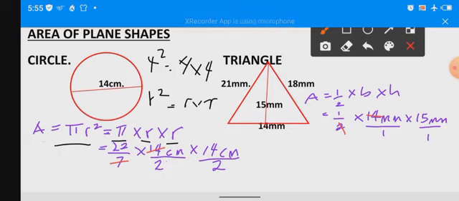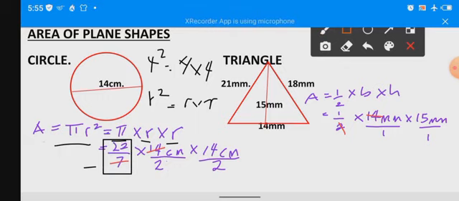Now after that, what do we do? We substitute. What is pi? Pi is 22 over 7. And what's our radius? What are we given here?